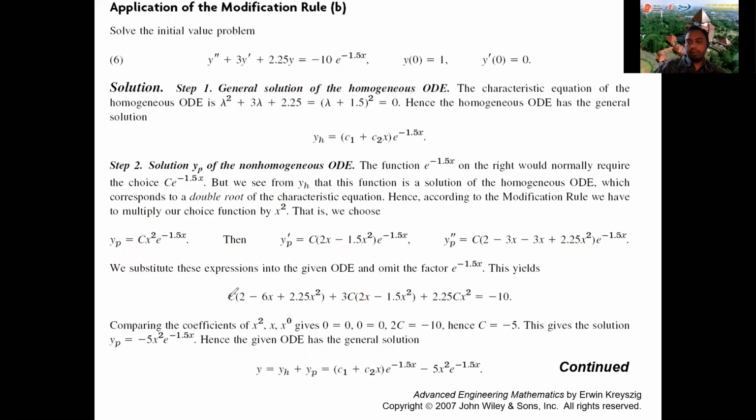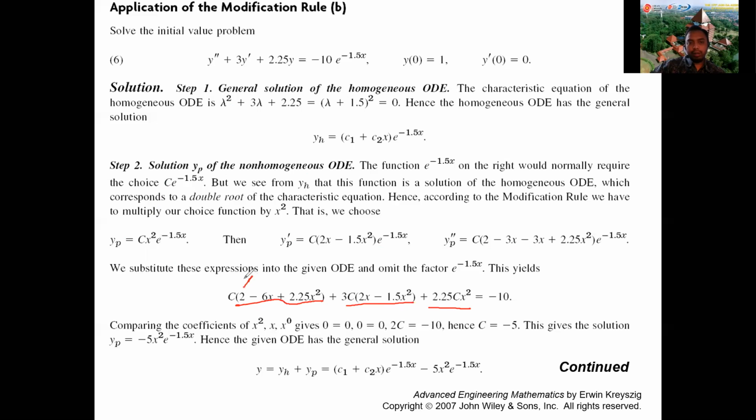So we have c, we have this, and we can just solve algebraically, collecting the same power and same coefficient. If we do that, the coefficient of x squared will be 2.25 c x squared.